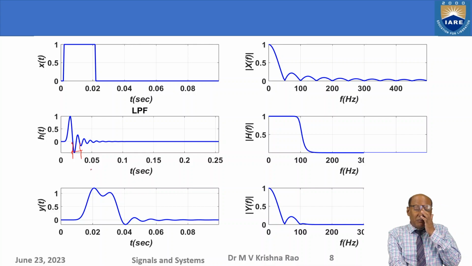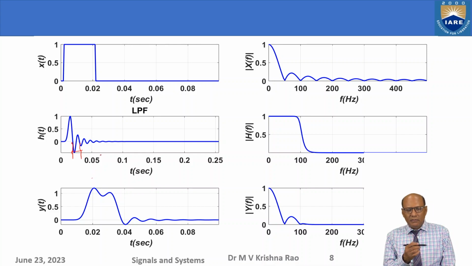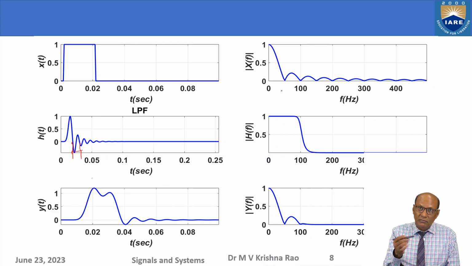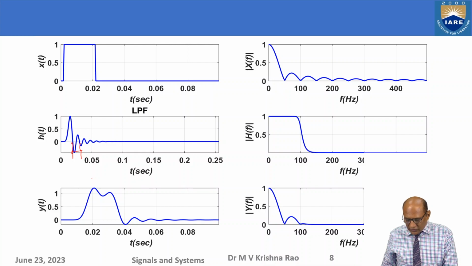So 1/3 means 50 milliseconds divided by 3, that is about 18 milliseconds. So 1/18 milliseconds means 3 times that frequency, that is nothing but 25 multiplied by 3, which is 75 Hz. So that is the reason.